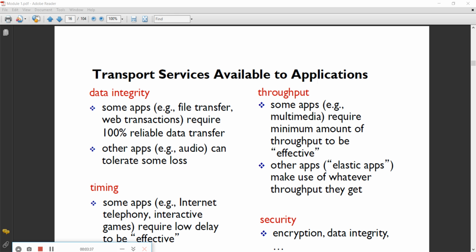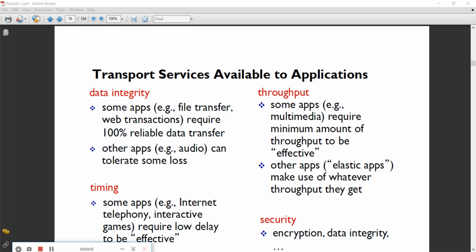Such a guaranteed throughput service would appeal to many applications. For example, if an internet telephony application encodes voice at 32 kilobits per second, it needs to send data into the network and have data delivered to the receiving application at this rate, that is 32 kilobits per second.